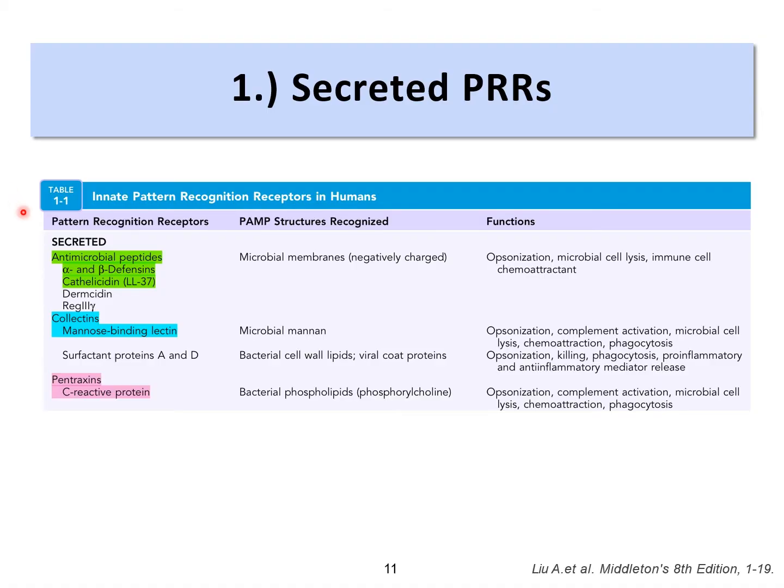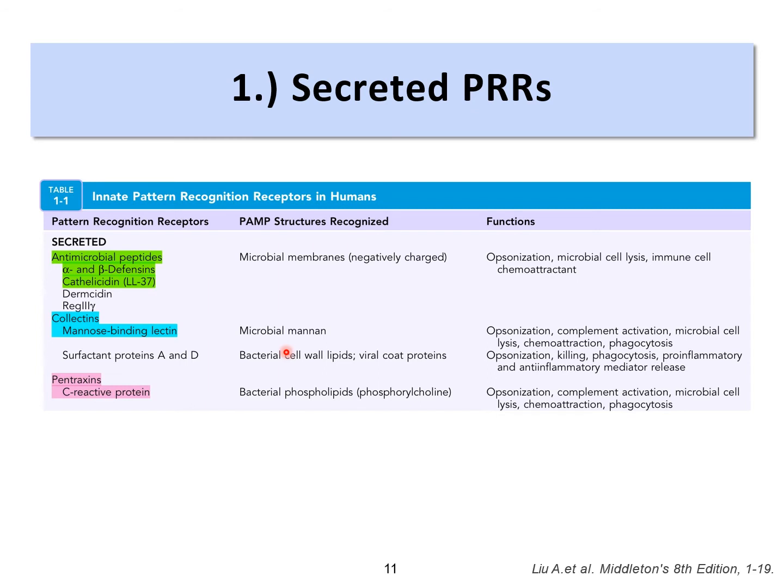Secreted PRRs are antimicrobial peptides, alpha and beta defensins, cathelicidin, collectins, mannose binding lectin, and pentraxin C-reactive protein. What do these pattern recognition receptors recognize on the pathogen? They recognize the microbial membrane, which is negatively charged, and finally they kill the microbe by opsonization, microbial cell lysis, and immune cell chemoattraction.